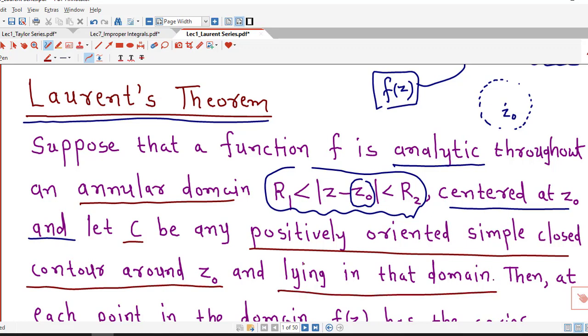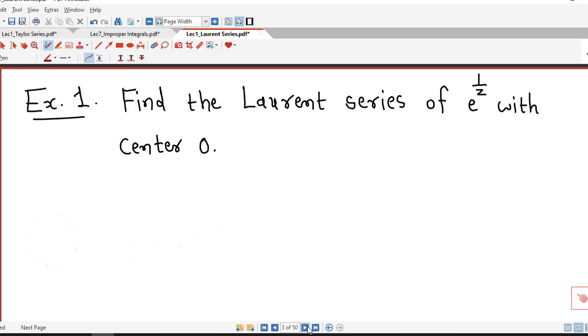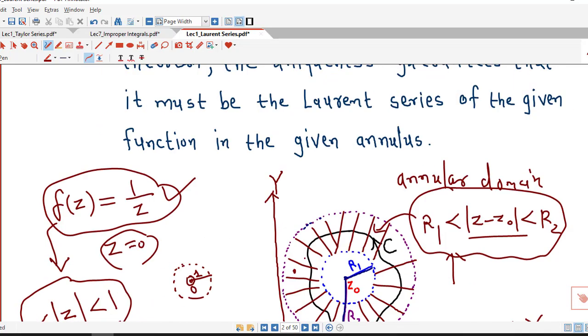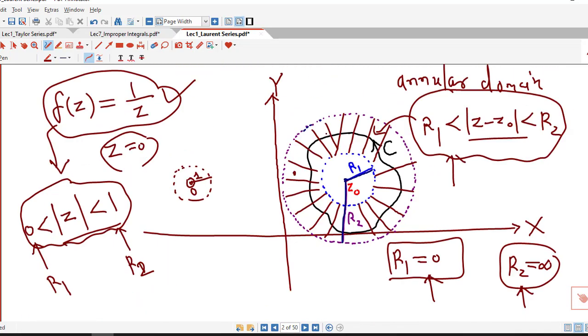That means we are considering a positively oriented simple closed contour which is inside that annular domain that we have expressed here. This is the simple closed contour in the counterclockwise direction which is inside this annular domain.